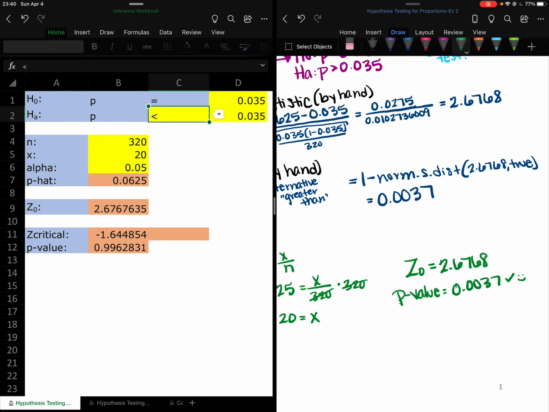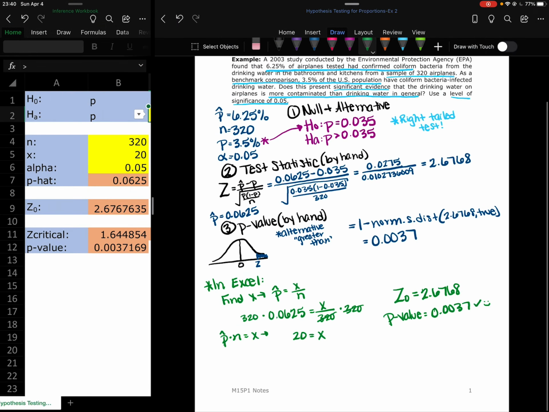But if you change it from less than to greater than, then you'll get the correct p-value. Excel knows what it's doing. So I get the same answers when I do this in Excel.